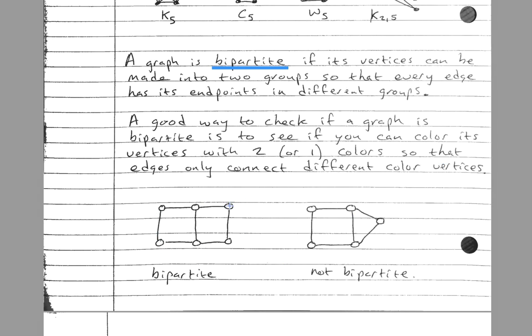So let's look at this first graph. So here, can we color this with 2 colors? Well, we can make this orange. So if this is orange, then this has to stay white. Make this orange and this orange.